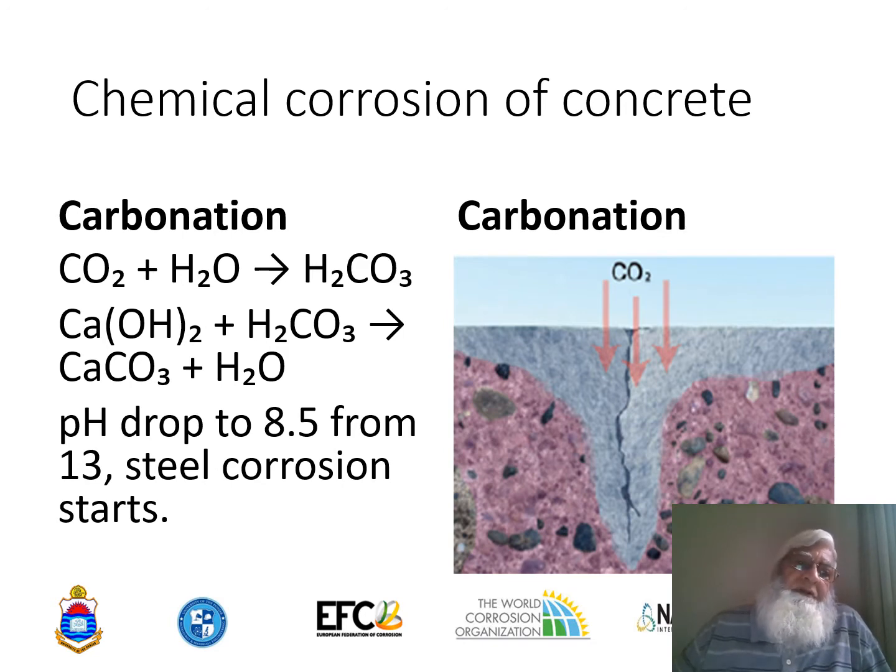Carbonic acid reacts with the alkali, which is calcium hydroxide or sodium hydroxide in the concrete pores, and turns the calcium hydroxide to calcium carbonate. In addition to the mechanical pressure coming from calcium carbonate, the pH of the concrete pores drops to 8.5 from 13, right, which starts the corrosion of the steel in the concrete structures.